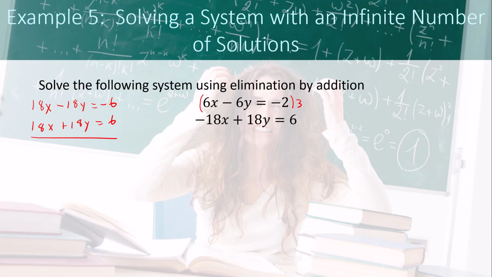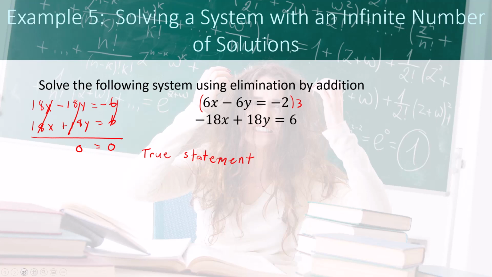Okay, adding them together, these cancel, I have 0. These cancel, and I have that 0 equals 0, which is a true statement regardless of the value of x and y. So if that's the case, we have an infinite number of solutions. If the statement is true, you have an infinite number of solutions.